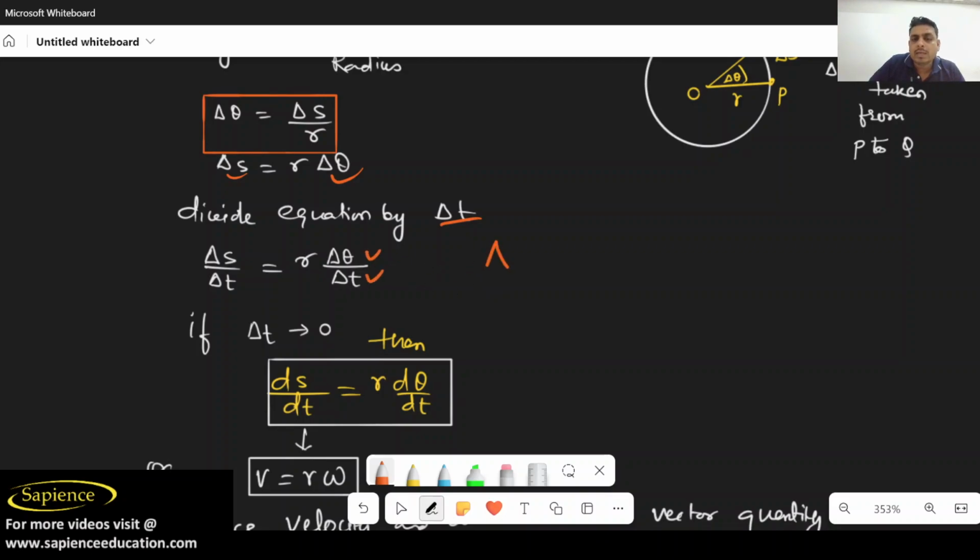So if delta t tends to 0, what will we get? Del s by del t can be written as ds by dt, and r stays r, times d theta by dt. Can we write this? Definitely we can. So what is ds by dt? It is the linear velocity. And what is d theta by dt?